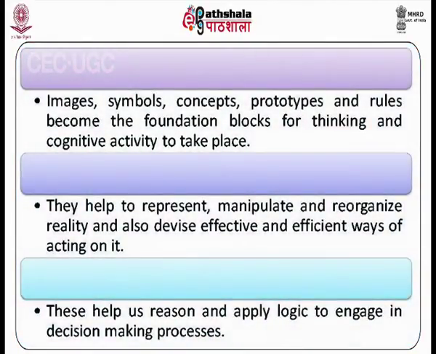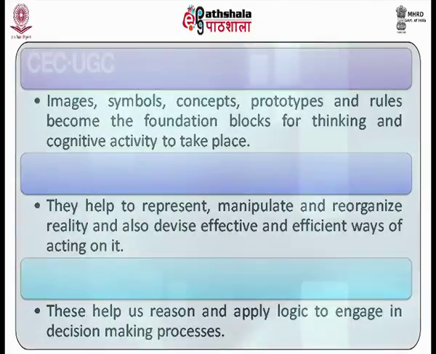So images, symbols, concepts, prototypes and rules become the foundation blocks of thinking and cognitive activity to take place. They help to represent, manipulate and reorganize reality and also devise effective and efficient ways of acting on it. These help us reason and apply logic to engage in decision making processes.